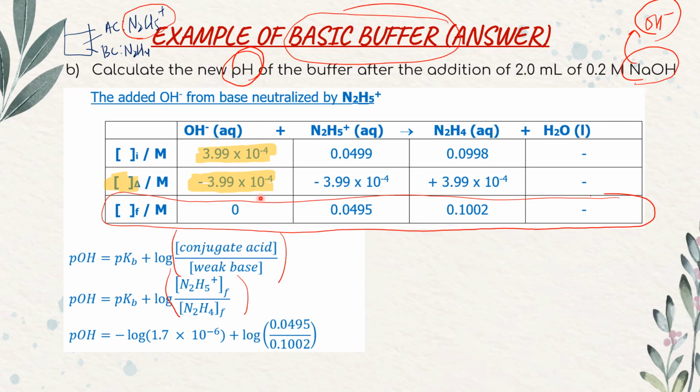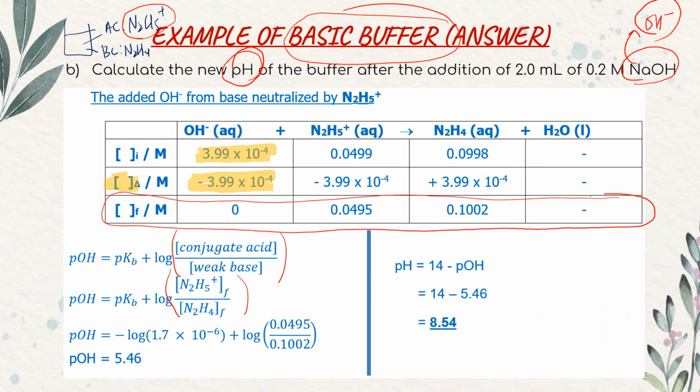So just substitute the values. Press the calculator very carefully and you will get the pH. We get the pOH first: 5.46, because we calculated pOH. Once we get the pOH, then we calculate the pH: 14 minus pOH, substitute. So we will get our pH as 8.54.